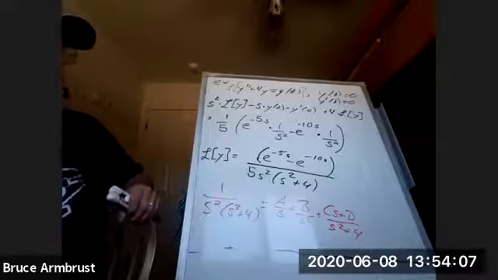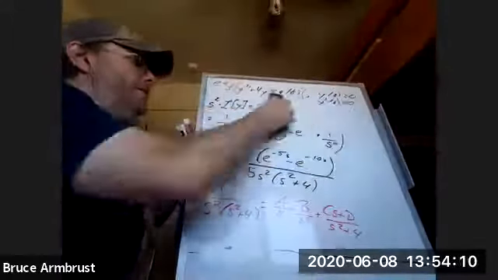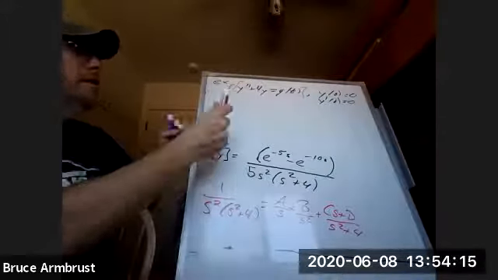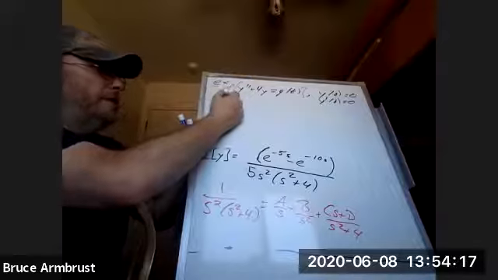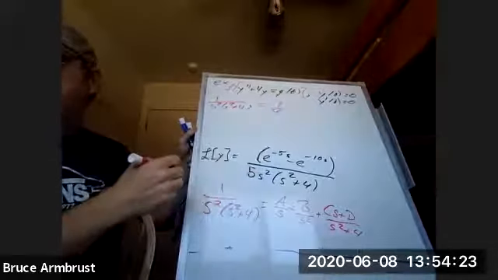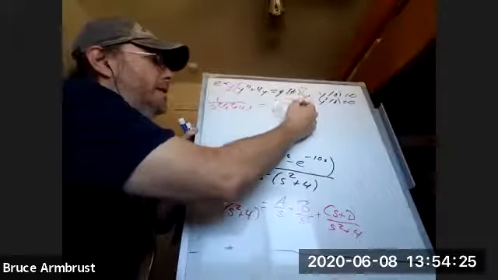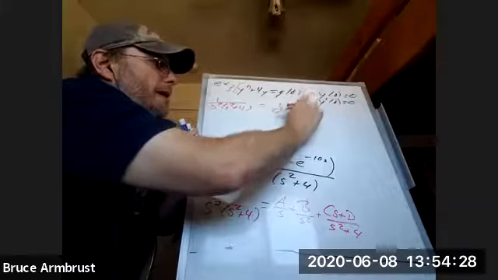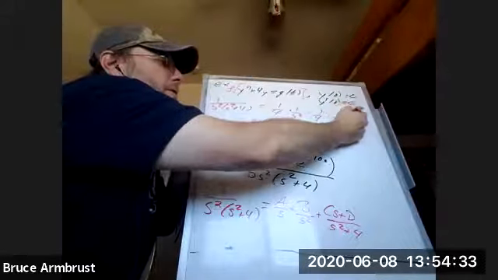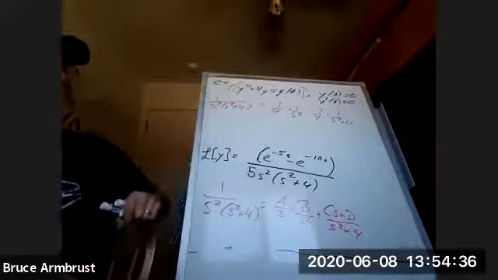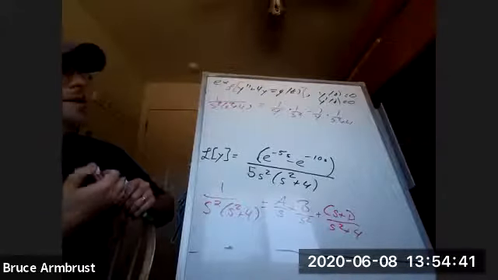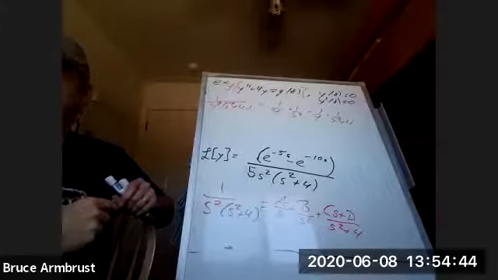Because I know nobody really cares at this point about doing the actual steps there, I'm just going to jump to what that equals. So 1 over s squared times s squared plus 4 actually breaks down into 1/4 times 1 over s squared minus 1/4 times 1 over s squared plus 4. There was some work involved there, but I'm going to skip over it.